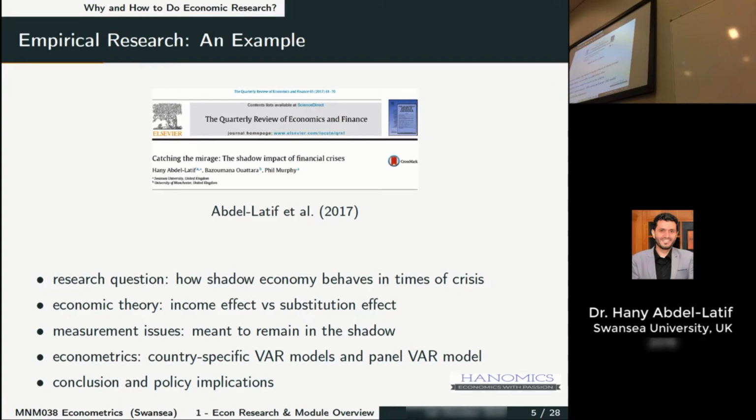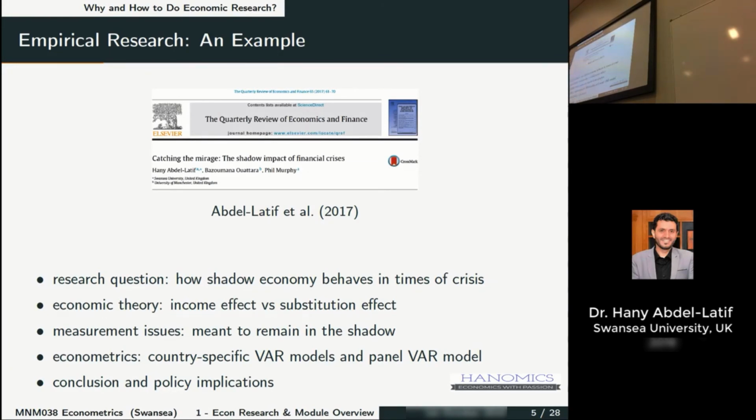Here come the challenges, because the shadow economy, we said, is not recorded. So how are we going to measure it? That's the first challenge. We'll come back to this later when we talk about one of the lectures. But in general, you need to be aware that this is very, very difficult to do, and that's why I call it catching the mirage.